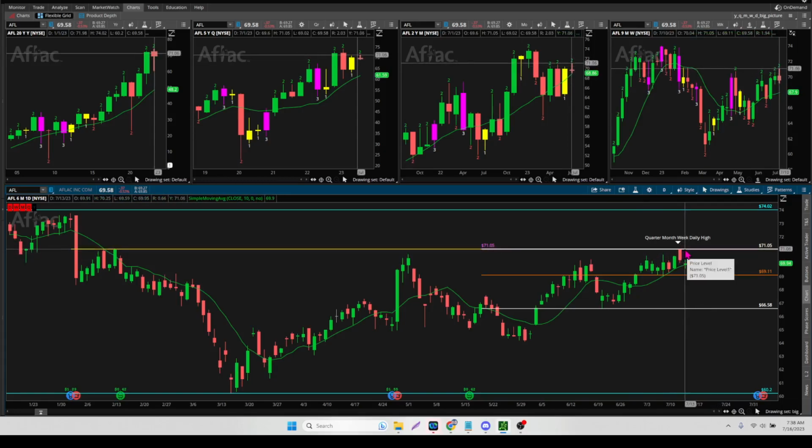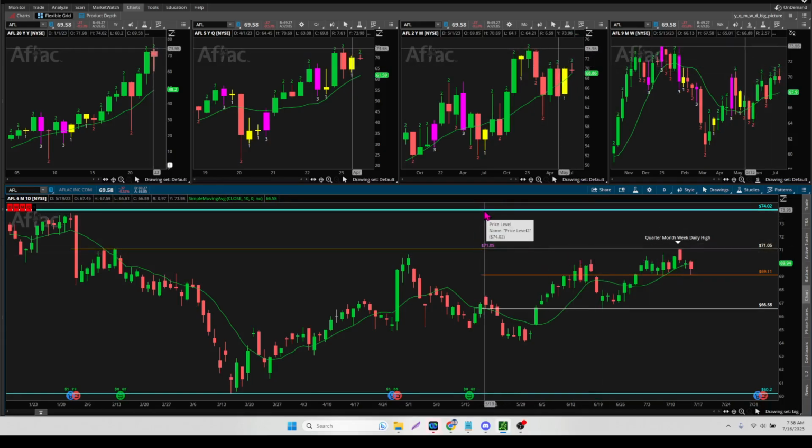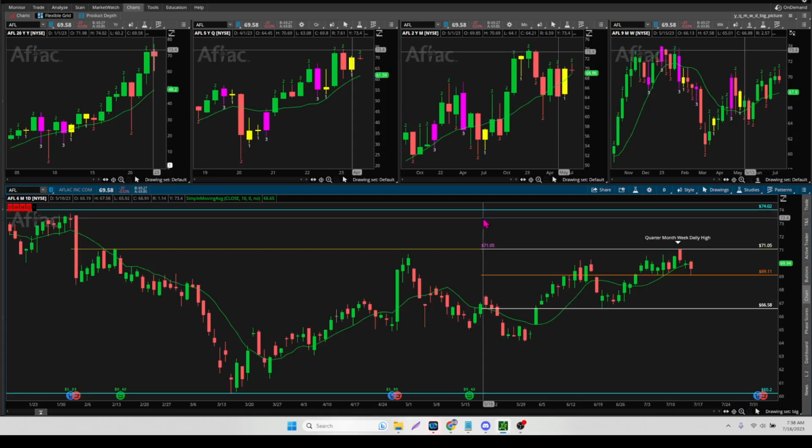Right here, we try to go higher for the quarter, the month, and the week. This is what I use as far as how I drill down into the bigger time frames on the daily. Just to give you an idea, this line right here represents my year.